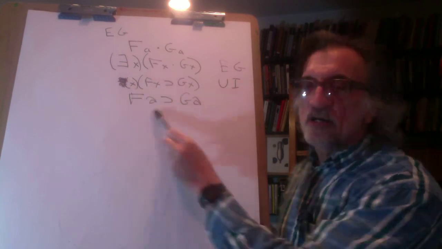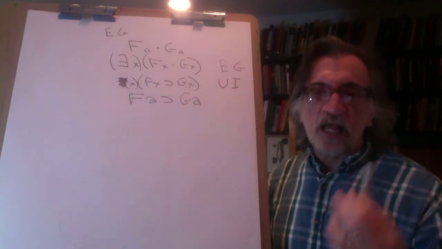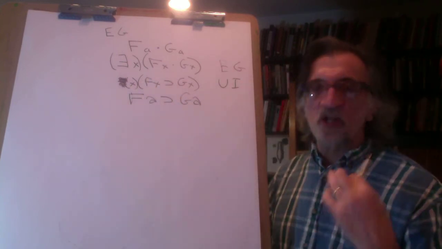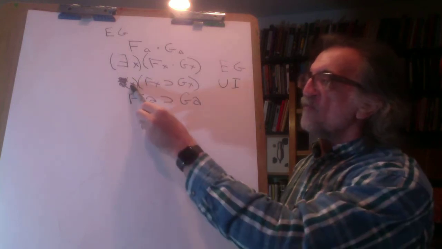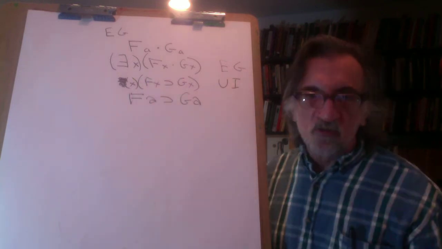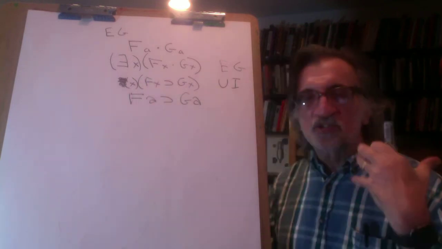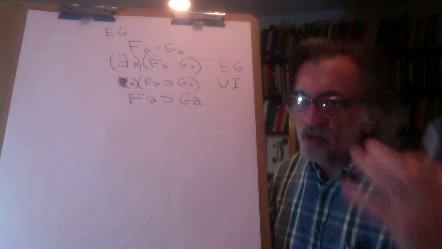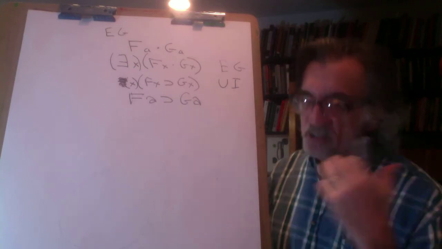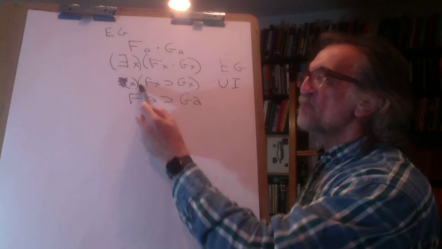The reasoning here is as straightforward as the reasoning for existential generalization. For all x tells you this is true for all the x, or if you're assuming some set like all human beings or all physical objects, something broad like that. You're speaking of all of them.